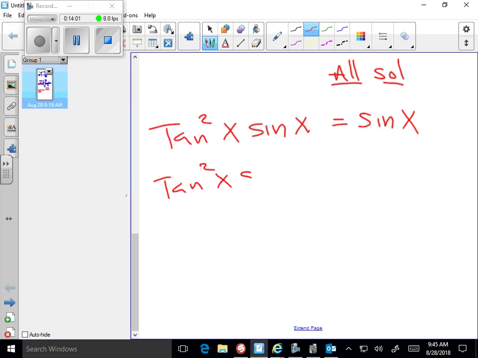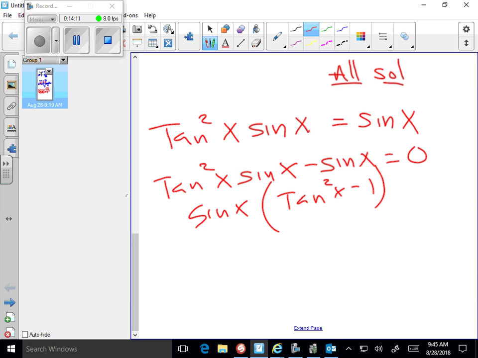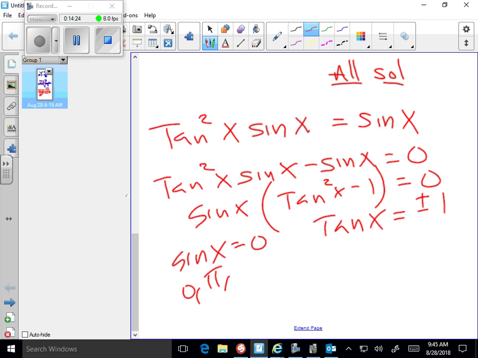Okay, tangent, sine, minus sine equals 0. And then you said you factored. Zero, pi, and so on.